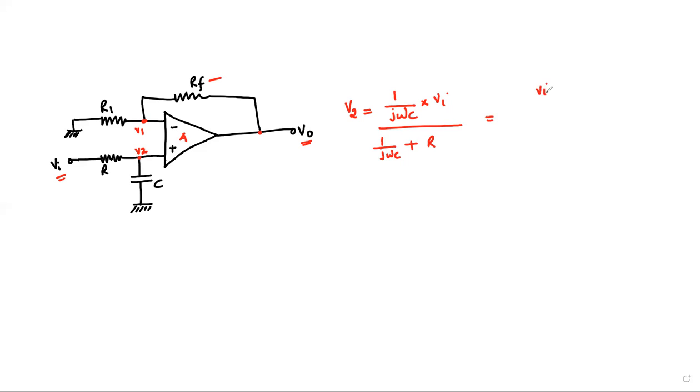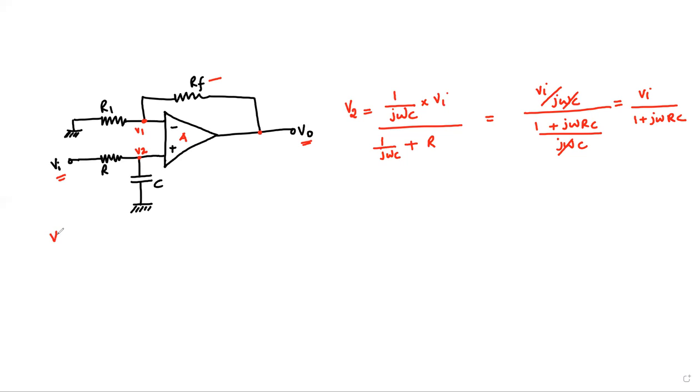It gives us the value of, and j omega C, from both these terms get cancelled. Finally, we have this value of Vi over j omega RC, 1 plus j omega RC.